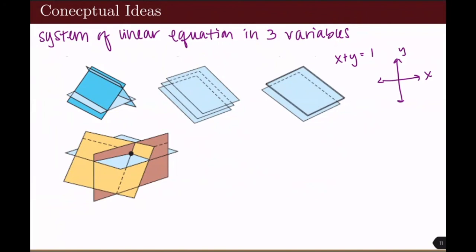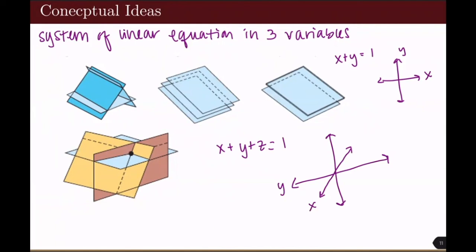So that means if you have something like x plus y plus z equals 1, it actually is going to live in 3-dimensional space, which is very difficult to draw. But if you imagine that the x-axis goes outward from the paper, that will help. So now we can move in all 3 directions.